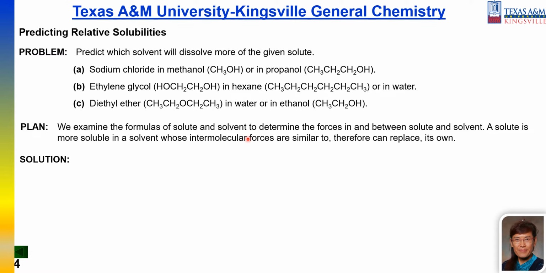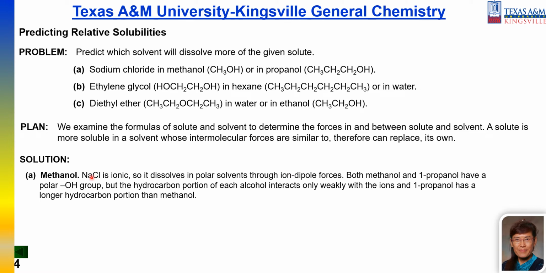So let's see the first solution, your methanol and propanol. Sodium chloride is an ionic compound. Therefore, it is going to dissolve in the more polar solvent through ion-dipole intermolecular forces. Between your methanol and propanol, which one is more polar? We know OH is a highly polar group.